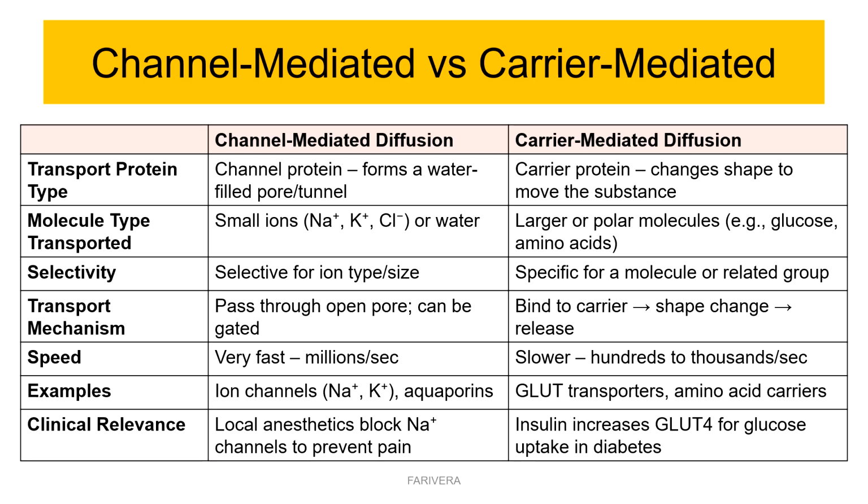Carrier proteins bind specific substances such as glucose or amino acids. Channel mediated transport can be extremely rapid. Carrier mediated transport is generally slower because the protein must bind the substance and change shape.